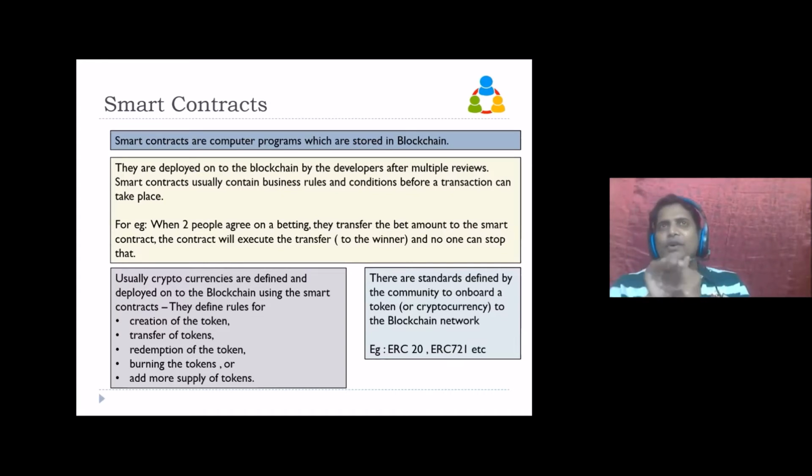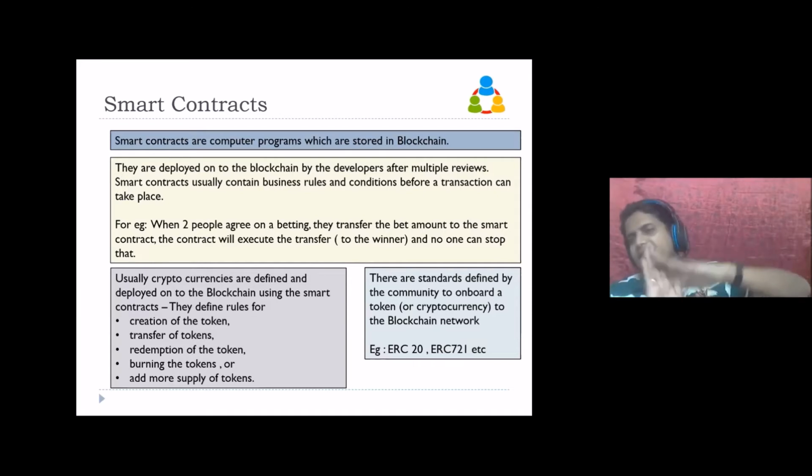Right. So what we can do is we write a smart contract, and they both come into an agreement saying that if there is a result which is dependent on the match, I pay 10,000 onto the smart contract, you also pay 10,000 onto the smart contract. That smart contract will lie in the blockchain.